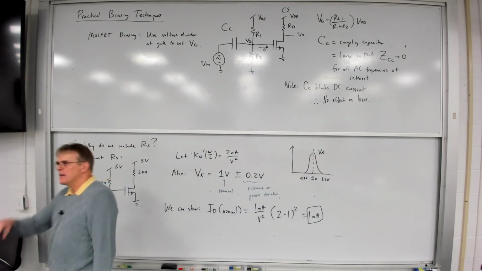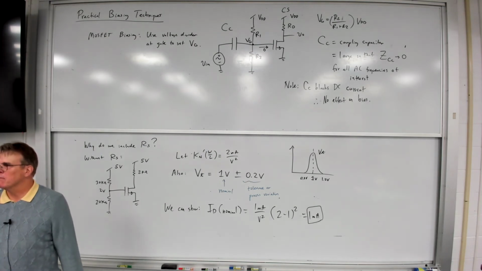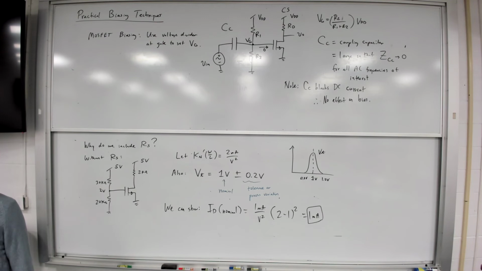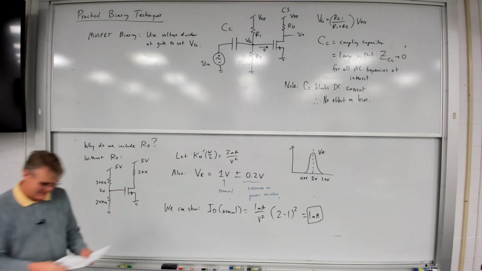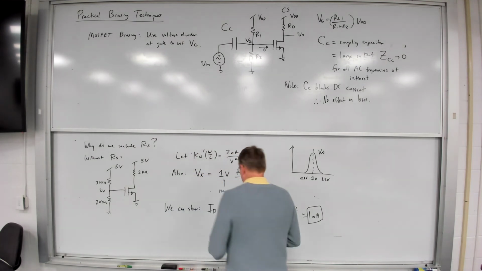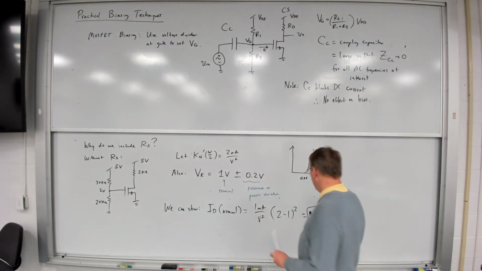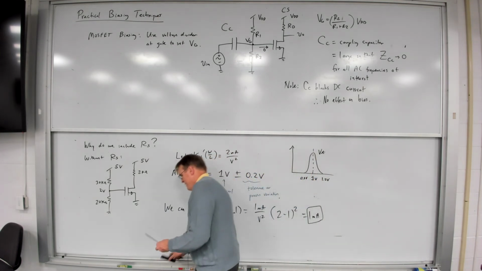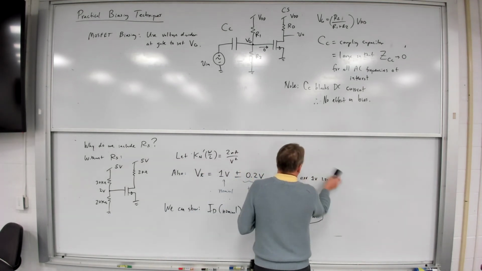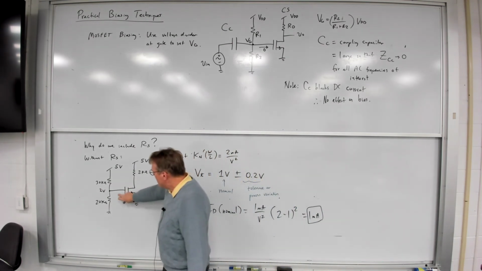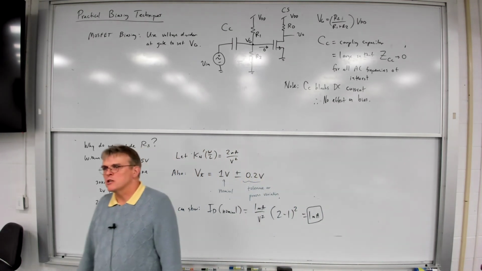If I look at the data sheet, it says VT nominal is 1 volt. I say, okay, great, I want a 1 milliamp current, except that I don't know that the next transistor that comes out of the box has a VT of 1 volt. If we take the VT variation into account, what happens if the threshold voltage is small?